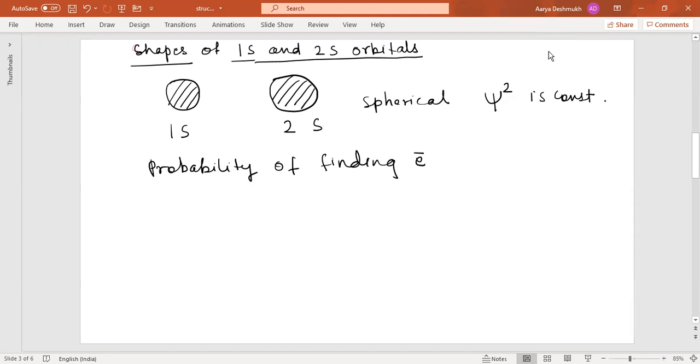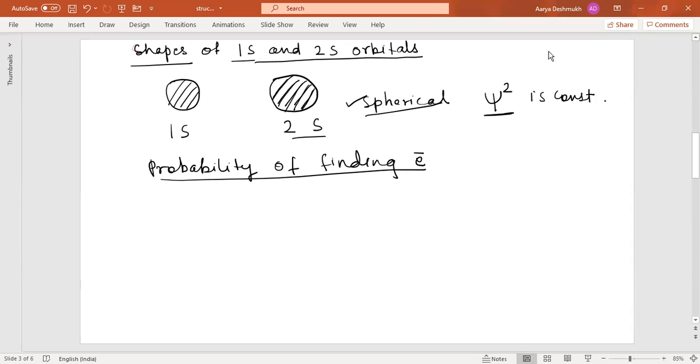So that is why the shape of these 1s and 2s orbitals is assumed to be spherical. This shape is very much dependent on the probability of finding the electron, which is denoted by psi square.